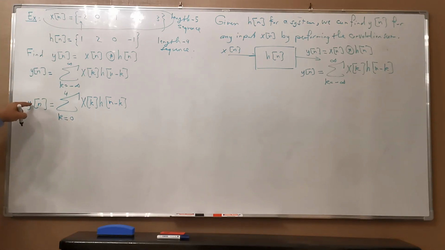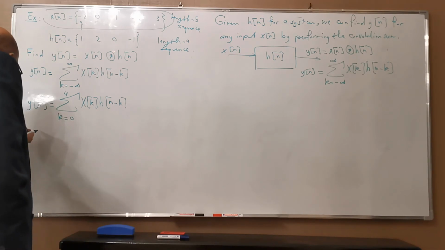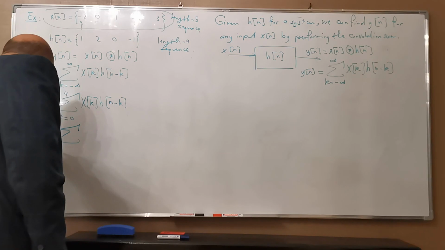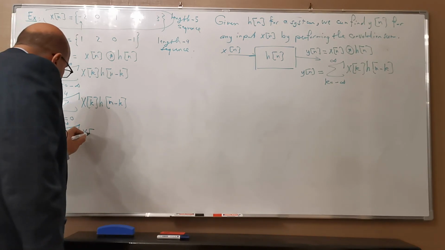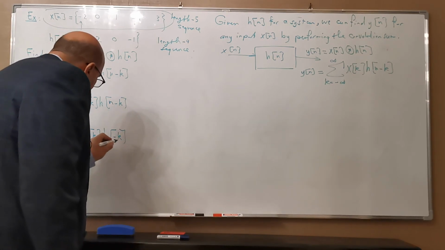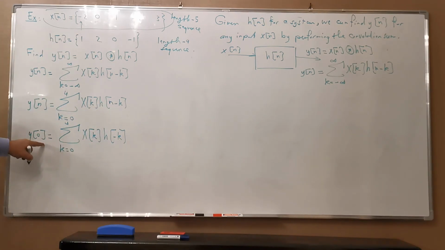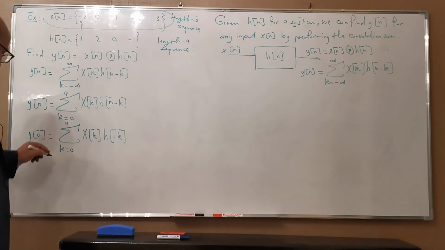Okay, now I'm going to start substituting values. Y of 0, and I'm going to put here 0. So for y of 0, this is equal to summation from k equals 0 to 4, x of k, h of 0 minus k. So you put 0 minus k, and you end up with this summation. Now let's substitute the values.